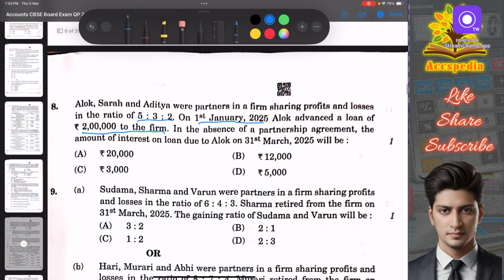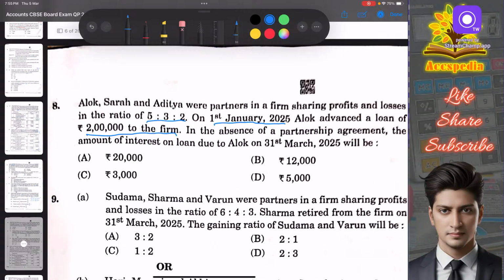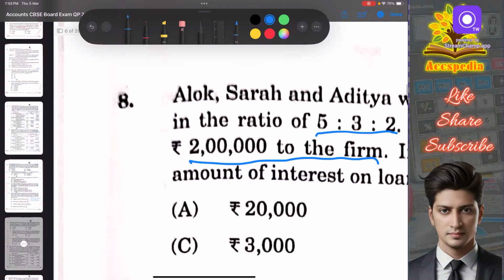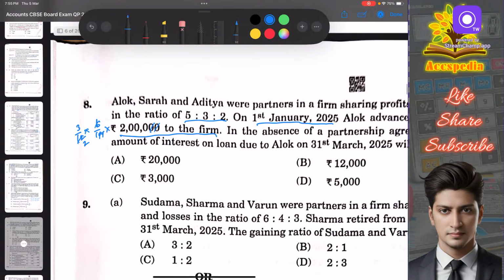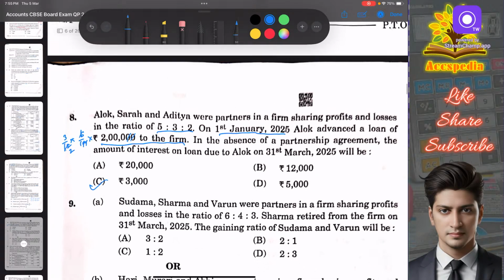So on 2 lakhs, as there is no partnership agreement, as per the provision, it is 6%. So 2 lakh at 6% for 3 months. Divided by 2, this 20 will get cancelled. 2000 by 2, 1000, 1000 into 3, 3000. So the answer is 3000 interest.